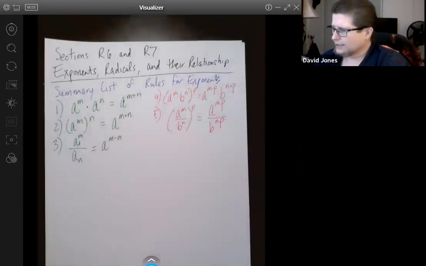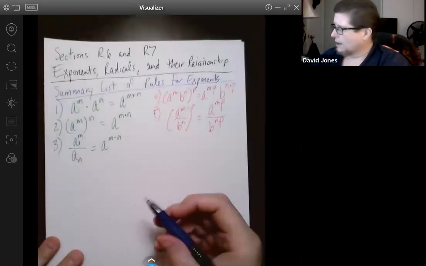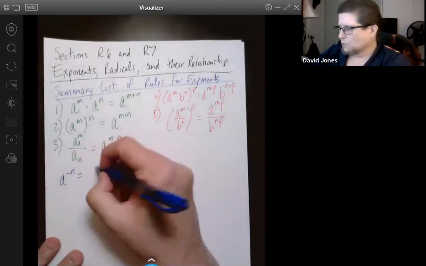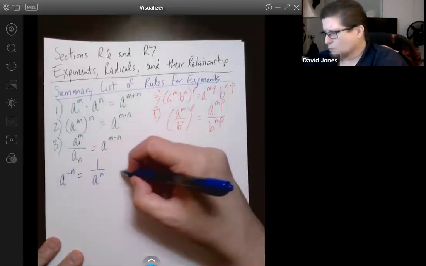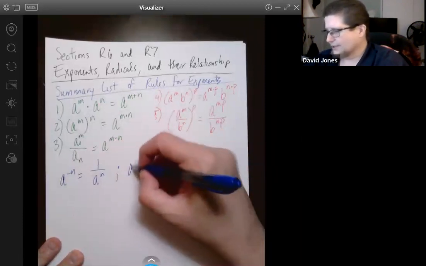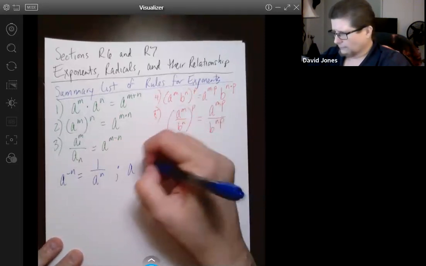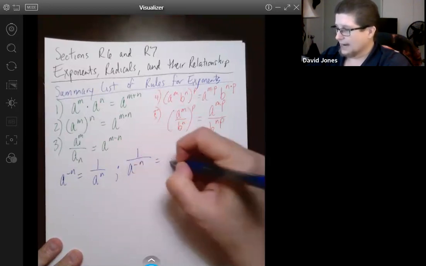We take a look at some negative values and some fractions. We have a to the negative n equals 1 over a to the n, and also 1 over a to the negative n equals a to the n.